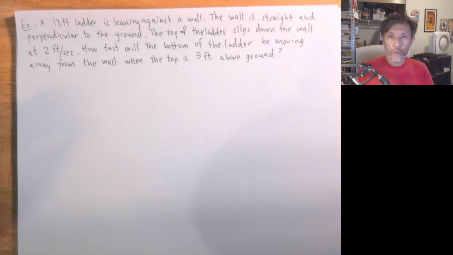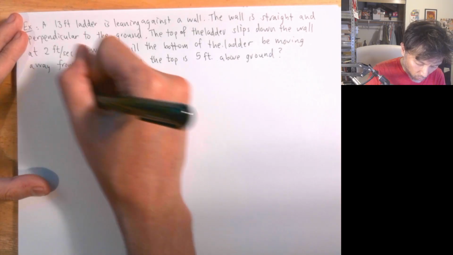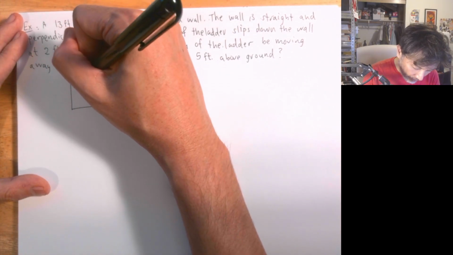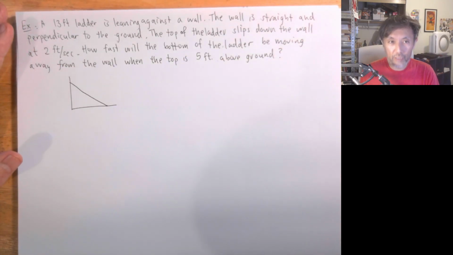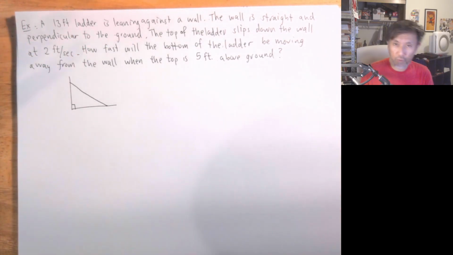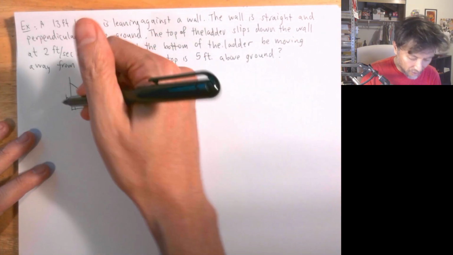The way that I'm going to do this problem is to begin by drawing a picture of the situation. Here's the wall, there's the ground, and here's the ladder. Now, I don't know about you, but I see a right triangle in this picture, okay? And what I know here is I know some things about this right triangle. I might call this thing here h to stand for height.